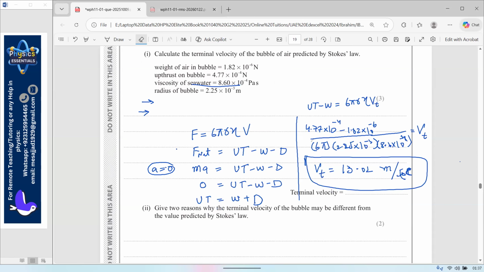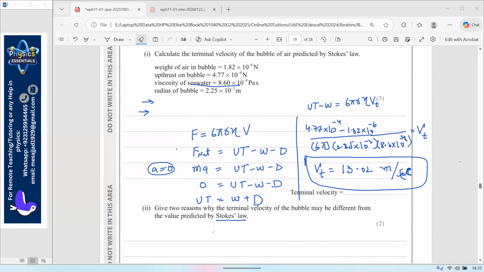Give two reasons why the terminal velocity of the bubble may be different from the value predicted by Stokes' law. You know that in the sea, the seabed is very cold, whereas the surface is at a moderate temperature. So the temperature is varying, which means density is varying. When density is varying, upthrust is varying.